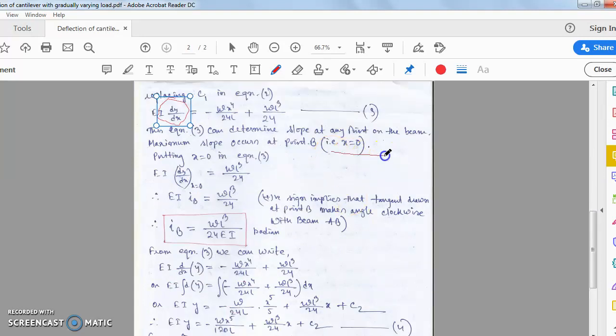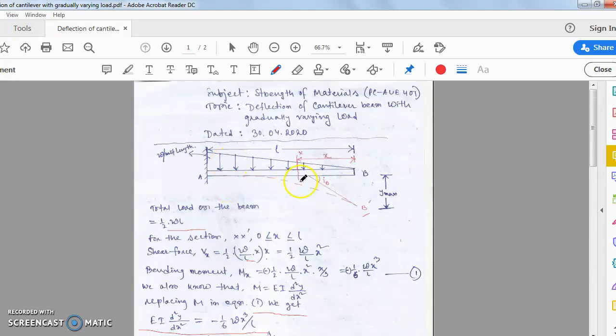Put x equal to 0 in equation 3 and we get the iB value, the slope at point B. The slope is positive because the tangent line makes an angle clockwise with the beam AB.